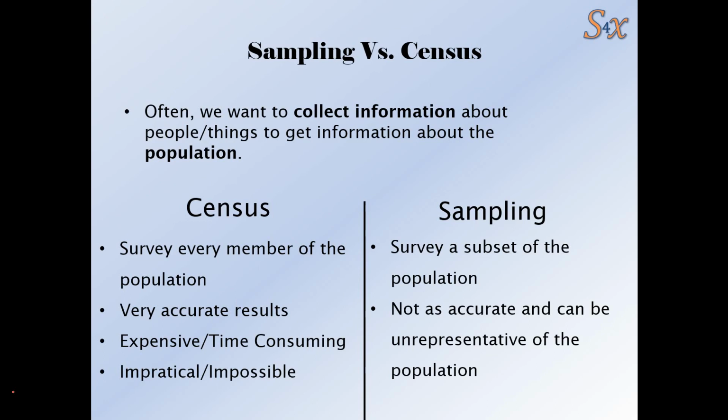There are numerous ways this can happen, but if we are surveying people and maybe we survey just men or just women, we might get an answer that's unrepresentative of the population. Or if we survey just people of a certain age, we can easily get unrepresentative samples. So that means the results from our survey don't reflect the result of the entire population.